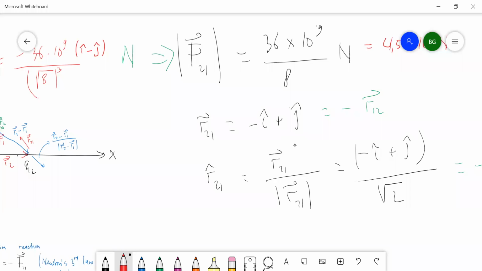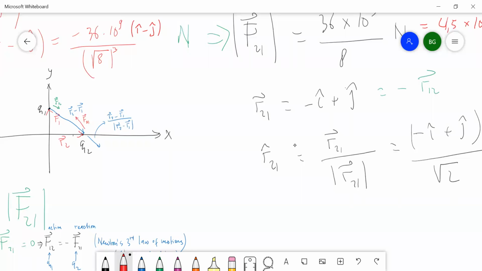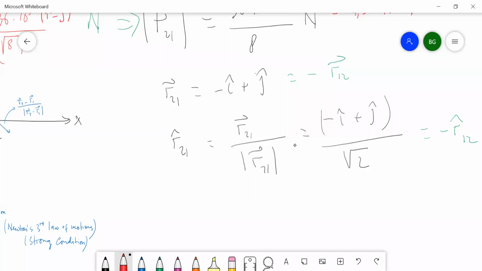R21 is the minus of R12. So we can also construct the unit vector R hat 21, which is equal to this vector R21 over its magnitude. The magnitude of this vector is square root of 2.